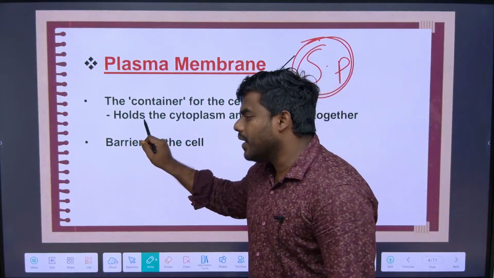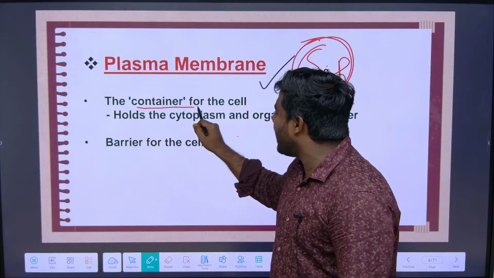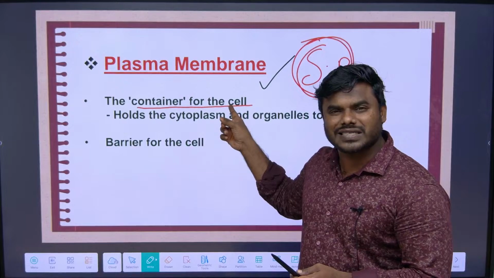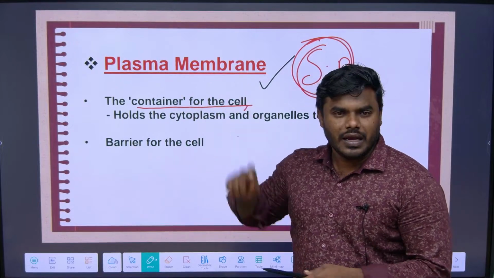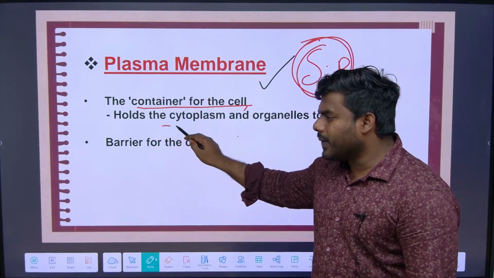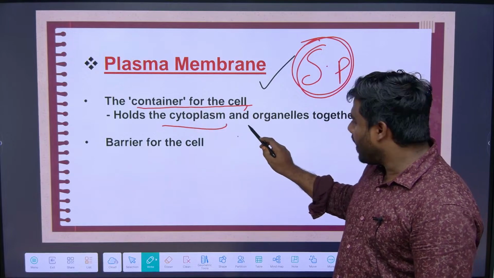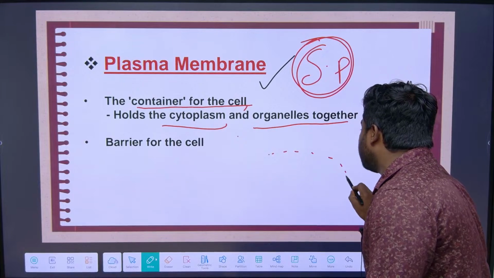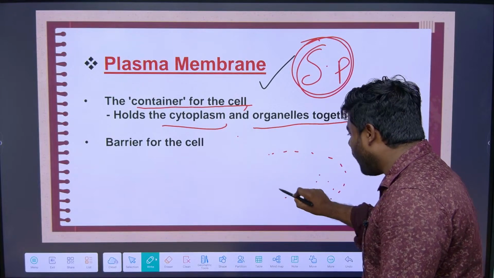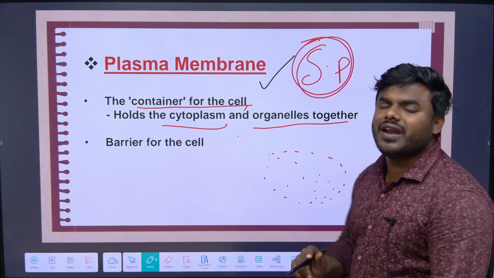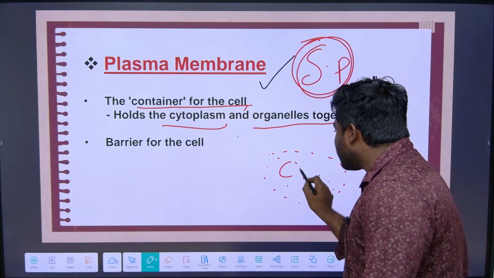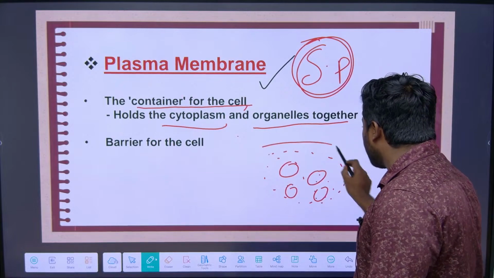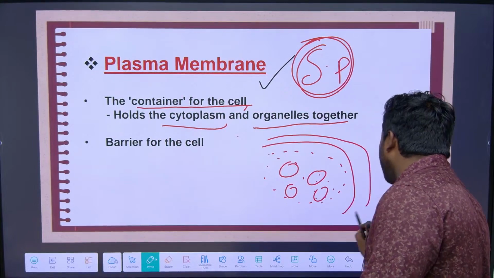Can you see here, the plasma membrane we generally call the container for the cell. Why do we call it the container for the cell? Here we have written that it holds the cytoplasm and all the organelles together. Let's consider, friends, this is the cytoplasm. What is cytoplasm? Just a gel-like structure, and on the cytoplasm all the organelles are present. Generally this cytoplasm is covered by the plasma membrane.